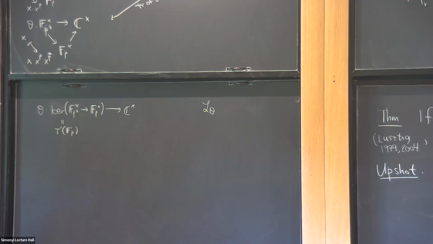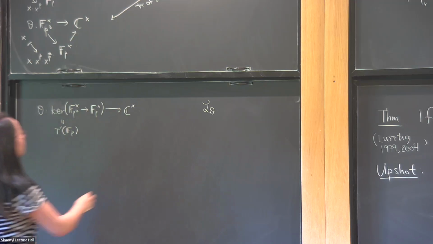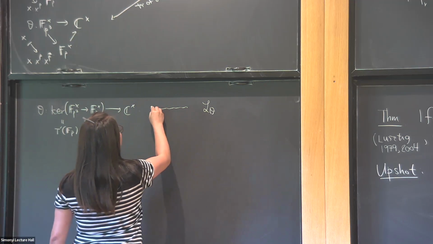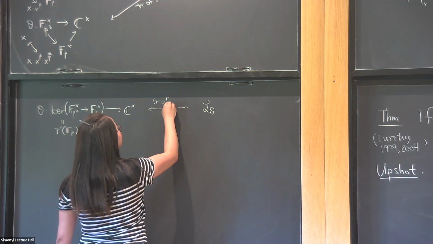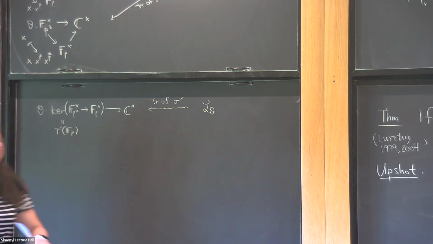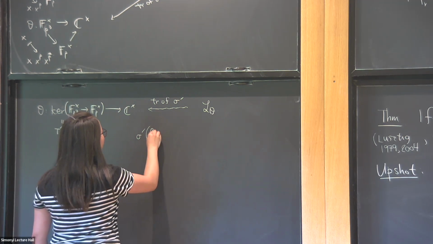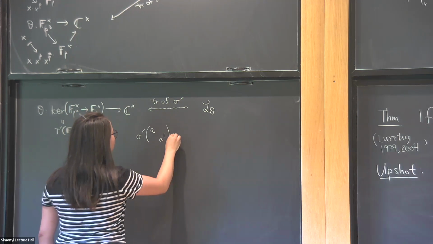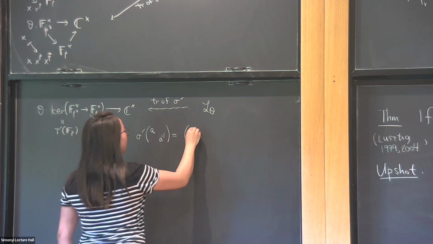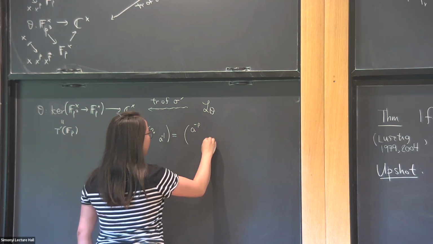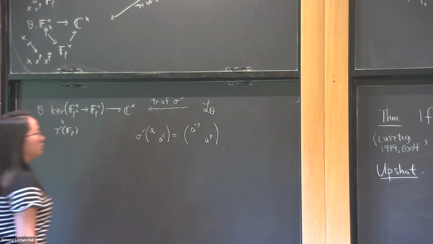But the funny thing is that you don't get from the right-hand side to the left-hand side by taking the trace of the same Frobenius. We're going to do something funny. And the funny thing we're going to do is we're going to take the trace of Frobenius prime. Okay, so let me tell you what Frobenius prime is. So Frobenius prime is going to take A inverse to A to the minus P, A to the P, like this.